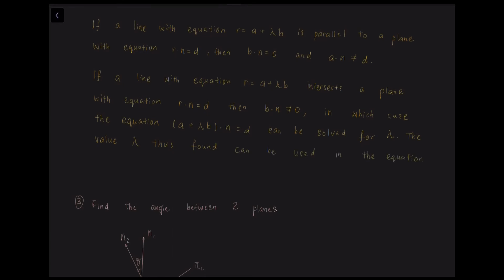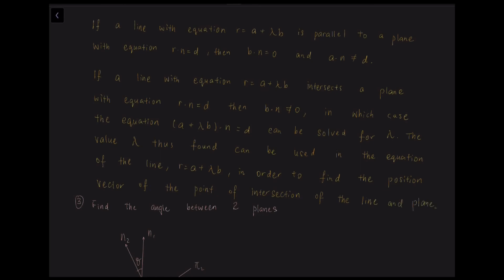The value of lambda thus found can be used in the equation of the line r equals a plus lambda b in order to find the position vector of the point of intersection of the line and the plane. Okay, a lot of sentences here, but we can get a clearer view when we look at the example later.